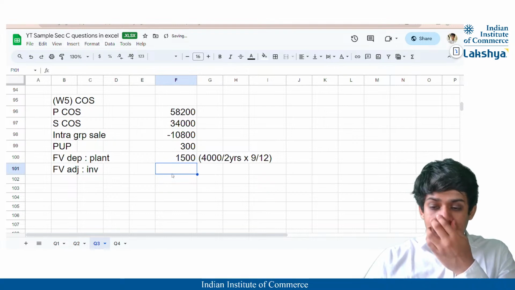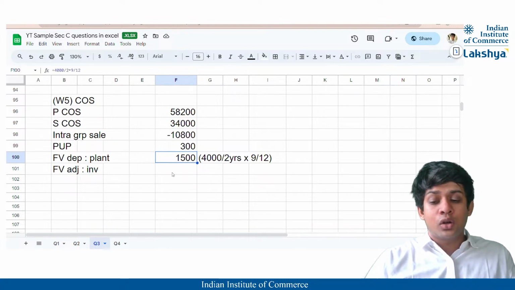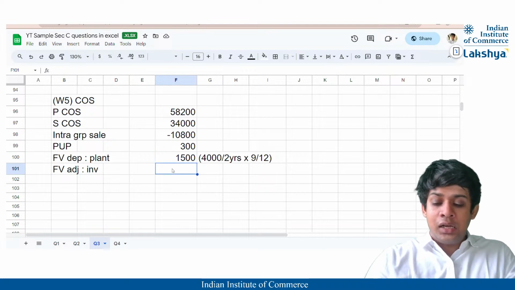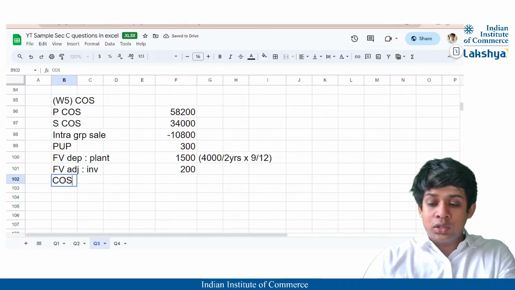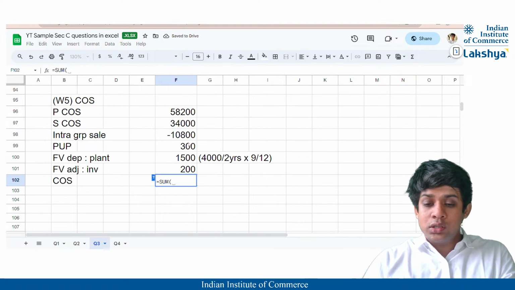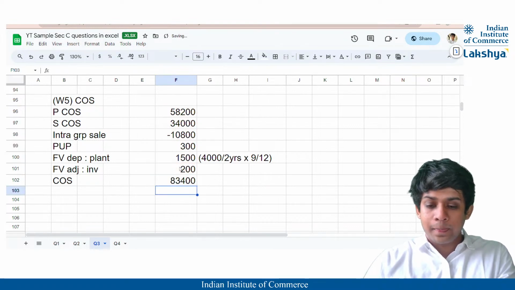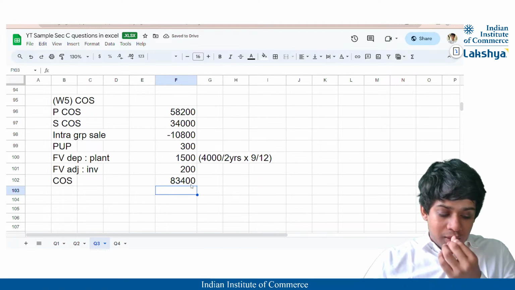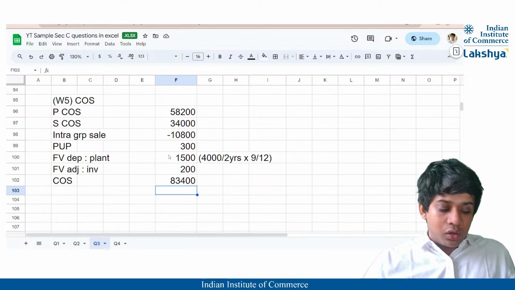So 1,500 is the fair value depreciation of the plant, which is to be charged to the cost of sales. An inventory of 200 is to be added here, and thus my consolidated cost of sales total is going to be 83,400.